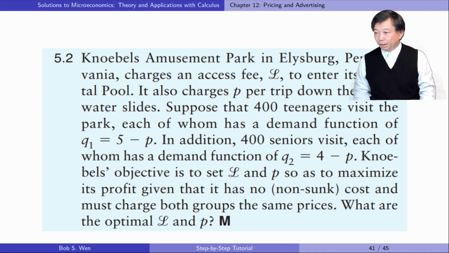Suppose that 400 teenagers visit the park, each of whom has a demand function of Q1 equals 5 minus P. In addition, 400 seniors visit, each of whom has a demand function of Q2 equals 4 minus P. The park's objective is to set L and P so as to maximize its profit, given that it has no cost and must charge both groups the same prices. What are the optimal L and P?